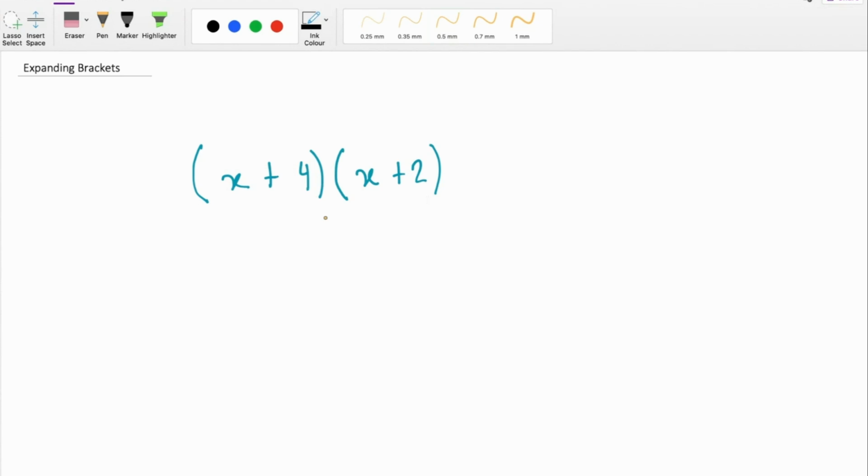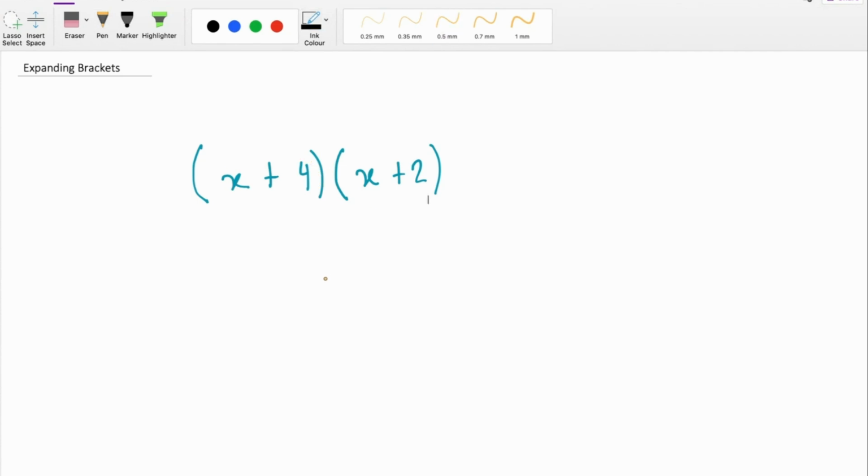The first phase deals with the first half of the equation, where x is multiplying with both terms in the second bracket over here. And then the second half deals with the second term in the first bracket, which is 4, multiplying with again both terms in the second bracket.